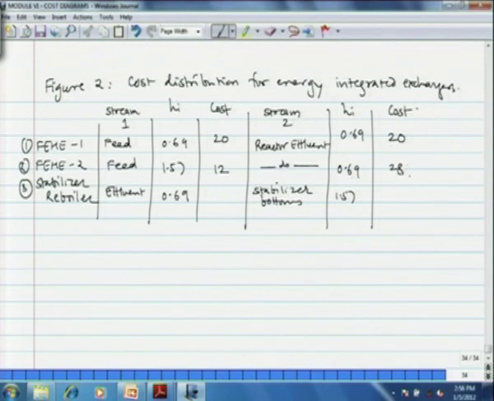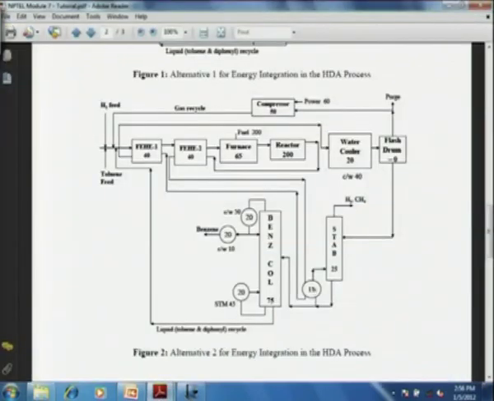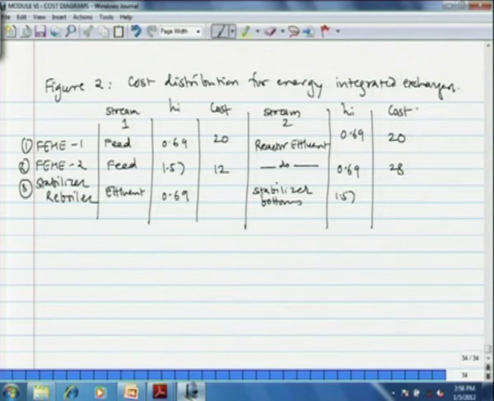Low coefficient, high cost, (1/0.69) divided by (1/0.69 plus 1/1.57) times 40 is 28. Okay, so like that. Then similarly for the stabilizer column, the total annualized capital cost is $15,000. Okay, that is distributed in inverse proportion of film coefficients. High film coefficient, low cost. So 0.69, 1.57 gives the distribution 5 and 10.